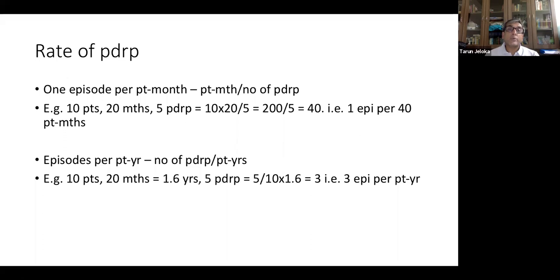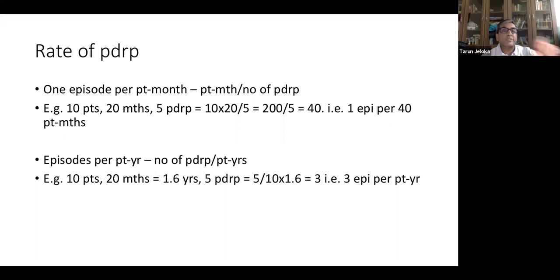Okay. How do you calculate one episode per patient months? That means you have to take the total patient months divided by the number of peritonitis episodes. I'll give you an example. Say I have 10 patients who have been dialyzed for a total of 20 months. So one patient for 1 month, another for 2 months, another for 1 month, and so on. Total of 10 patients, and you have to calculate the total duration of dialysis. So you make a table with the number of patients and the number of months.